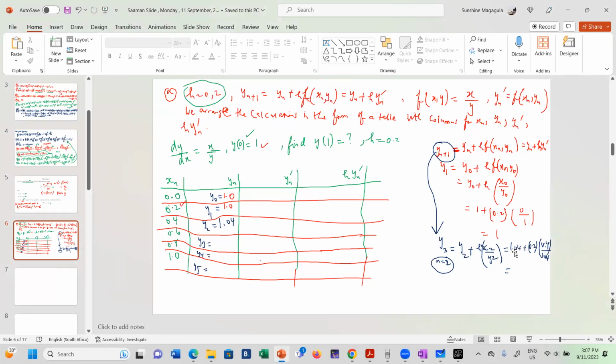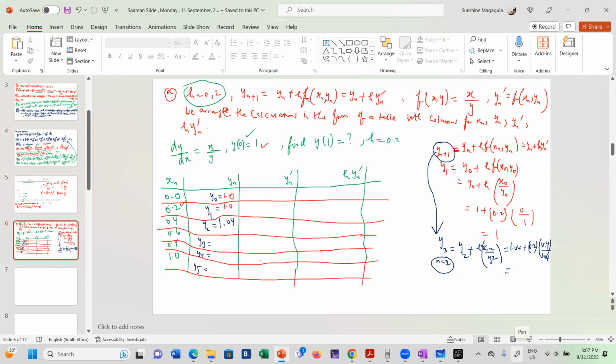So you see that we have 1.04 plus 0.2 times 0.4 divided by 1.04. I'm going to be quick, please, because this is just one more thing. So I'm going to punch it on the calculator. Right, so 1.04 should not take long.